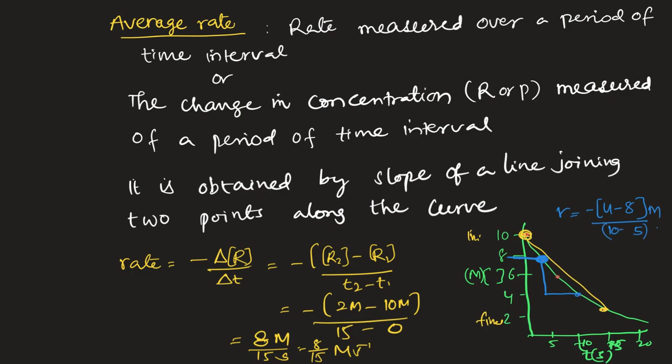This is molar, this is second. Therefore it converts into numerator 4 and denominator 5, then 4 by 5 M second inverse, that is the average rate.